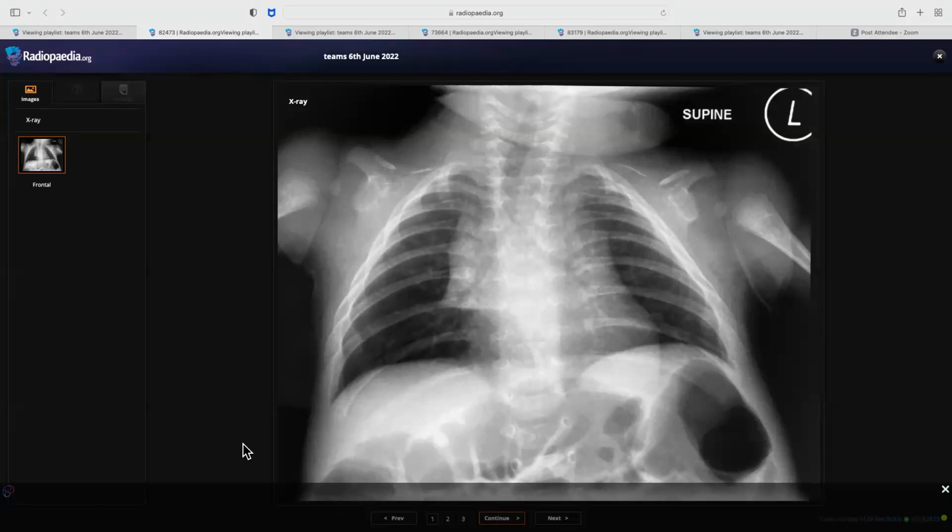Going back quickly to the bones, the vertebrae are fine. The ribs are fine. So I'm suspecting that the patient has pneumomediastinum.